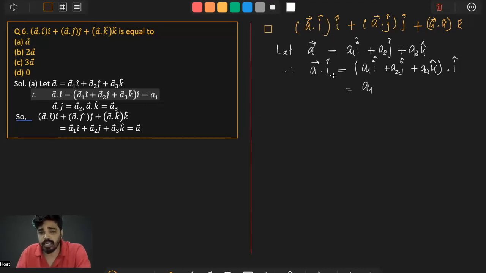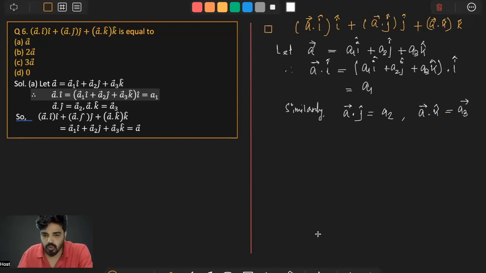Okay, then similarly A dot J, you get A2. And A dot K, you get simply A3.